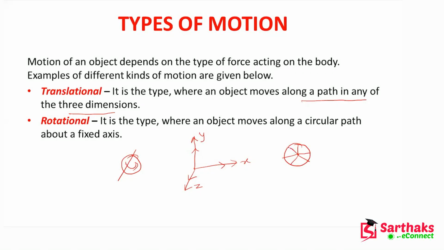You can see that this is a fixed point, and with respect to this point, the tire is rotating, right? So these are rotational motion. That means the object moves along a circular path about a fixed axis, right?